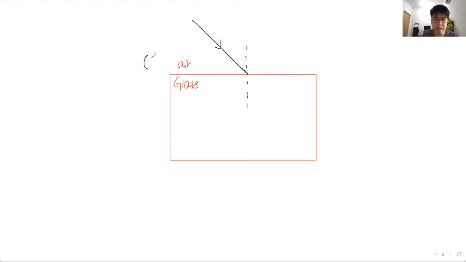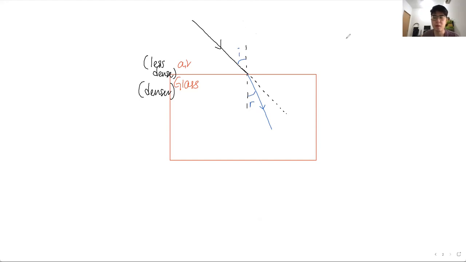Air is less dense, glass is denser, so from less dense to denser, it will bend towards the normal. So we draw the actual path just as a guiding line, and this one should be slightly below it. This is our I, this is our R.